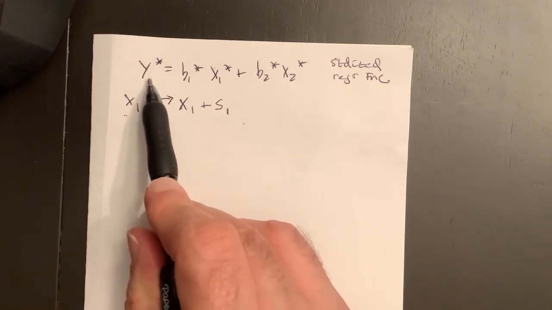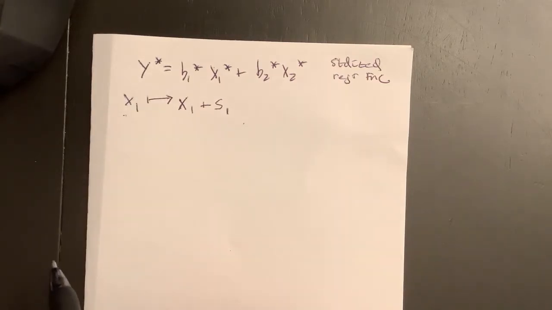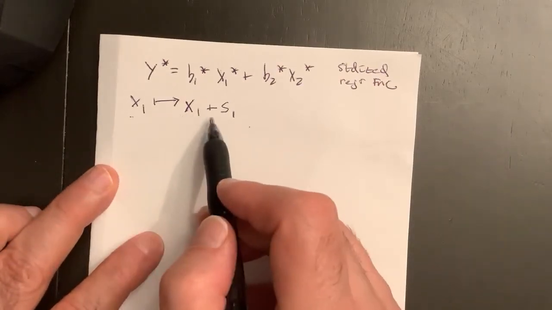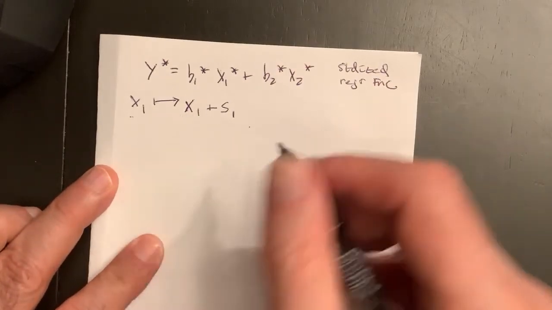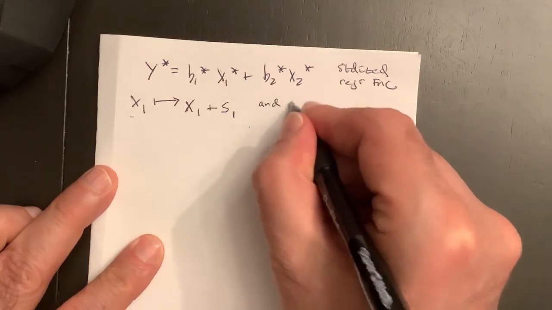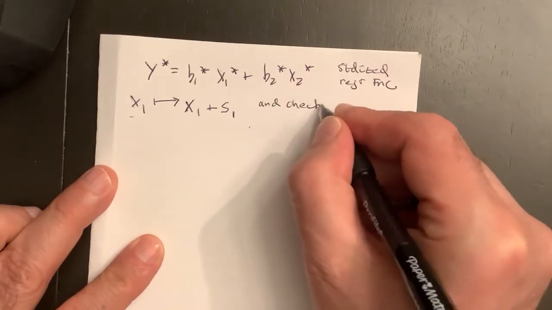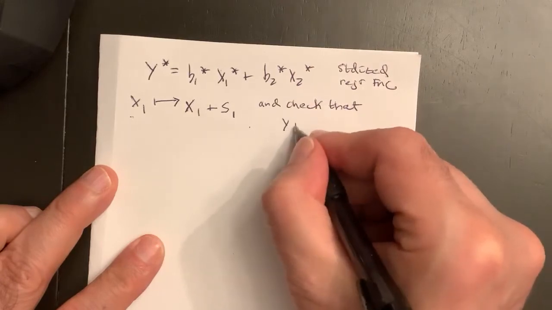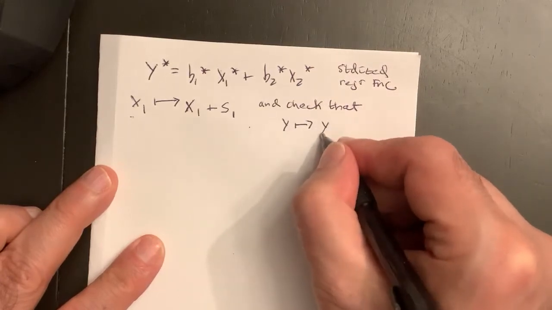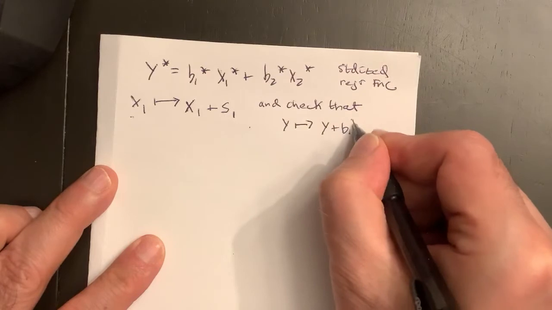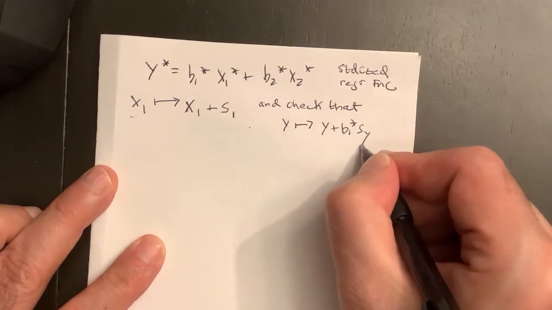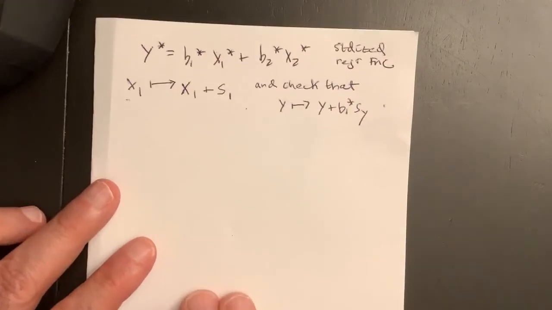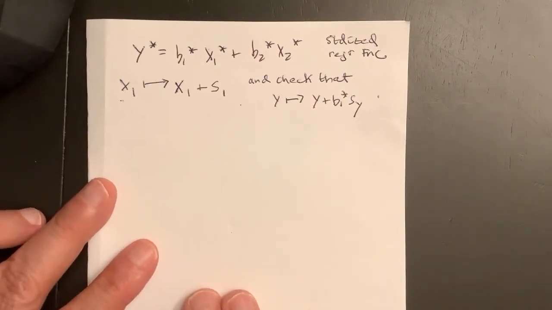So we hope to see that if x1 goes to x1 plus s1, then y goes to y plus b1 star sy. All right, well, let's begin before we run out of time.